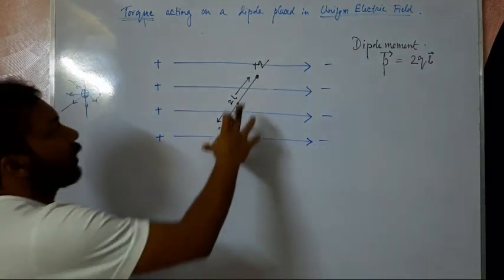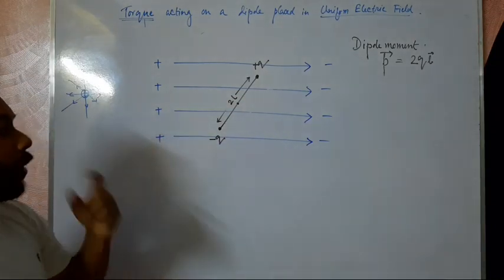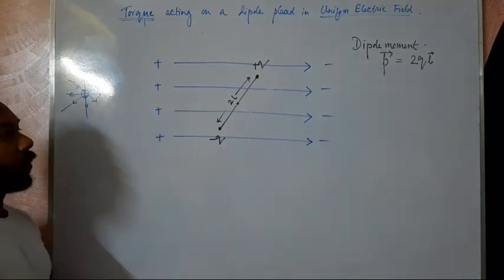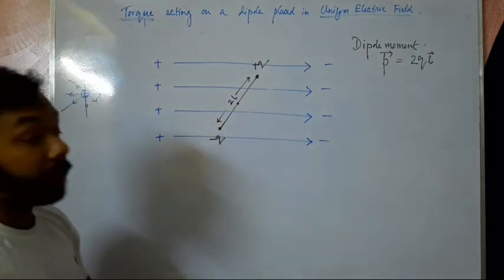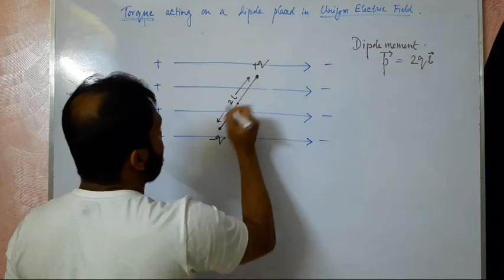Why 2? Because this length is 2L. That means one of the charges of the dipole multiplied by the total length of the dipole is called the dipole moment. That is the magnitude of the dipole moment, and the direction of the dipole moment is always from negative towards the positive. So this is the direction of the dipole moment.